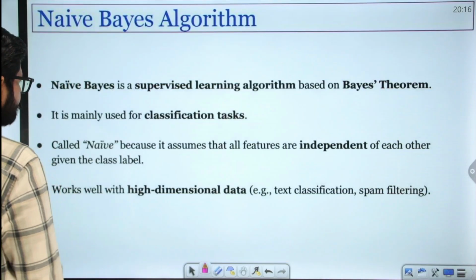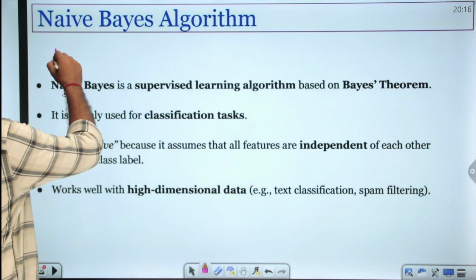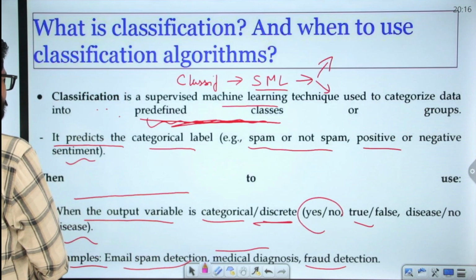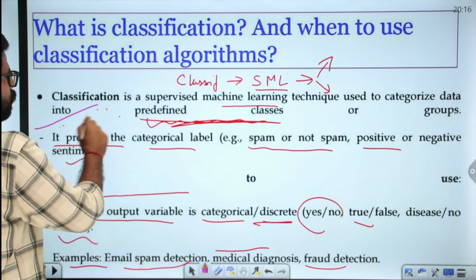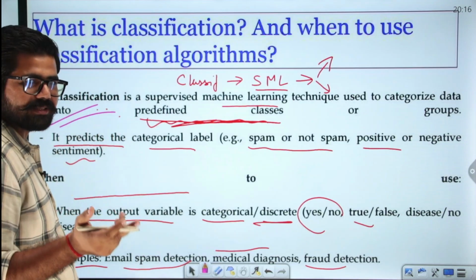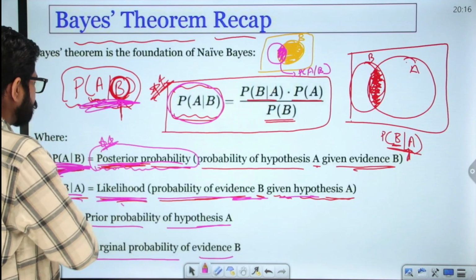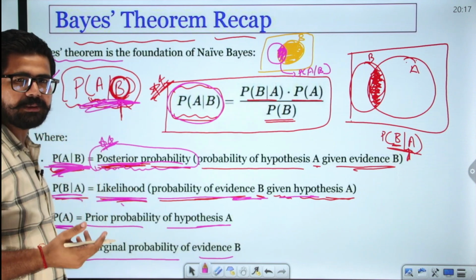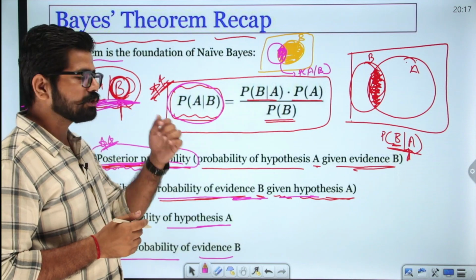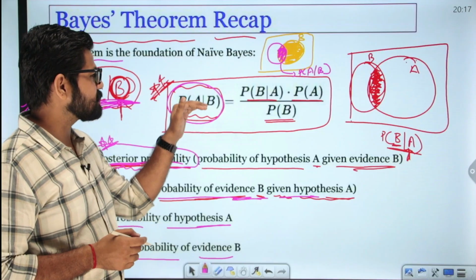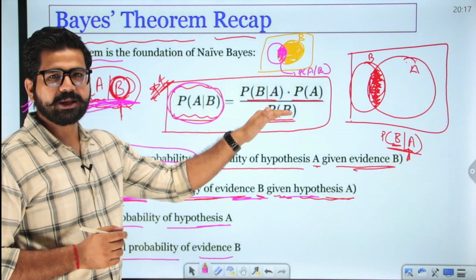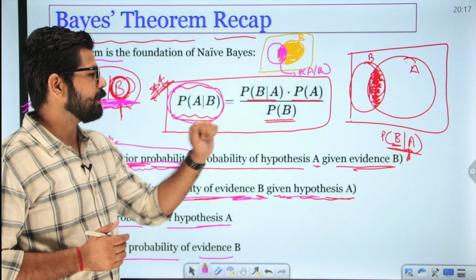So moving further, now comes the most important part. Previously we have discussed what classification is, and I hope you are able to understand that. Next, I think you are able to understand what Bayes theorem is. Bayes theorem is nothing but an advanced version of the conditional probability, where you take the conditional probability P(B|A) and multiply it with P(A) divided by P(B).